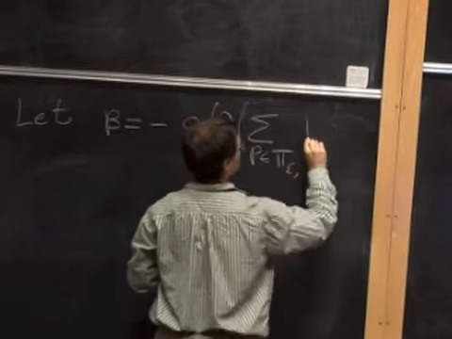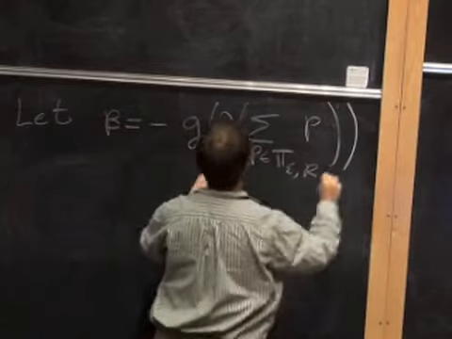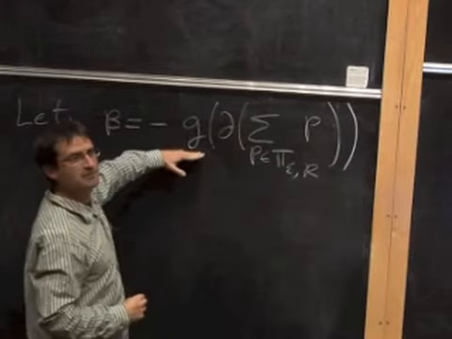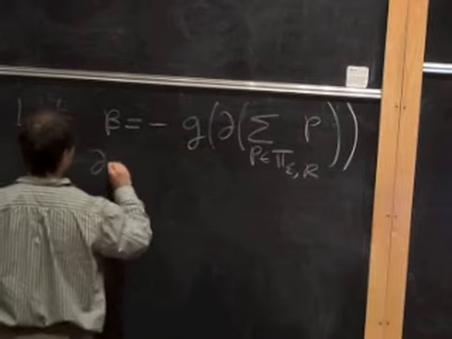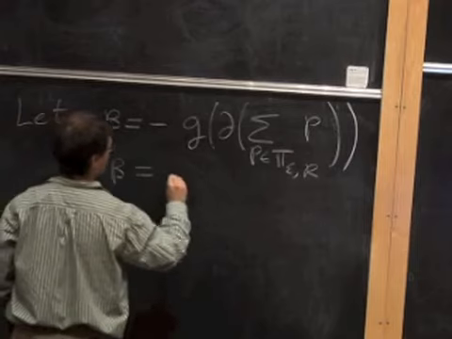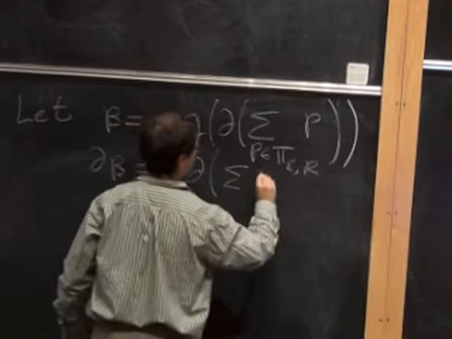So I start with one of each pair of pants. I have some boundary, let's say that's non-zero. I just apply G to this boundary, right? Then it follows that boundary of beta is minus the boundary of this sum.